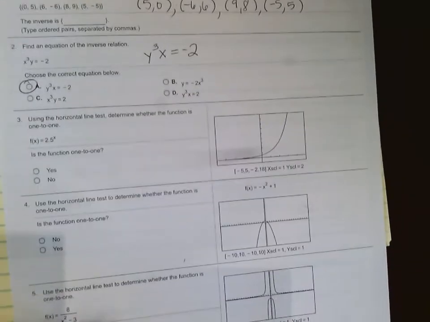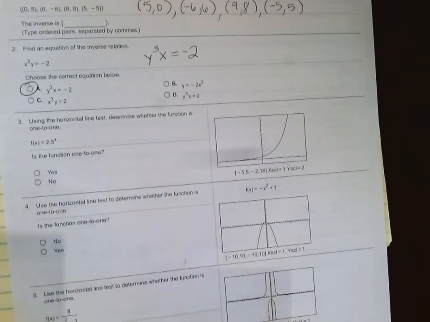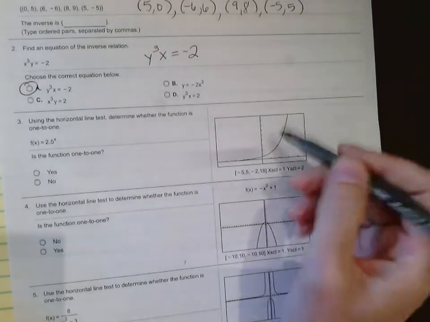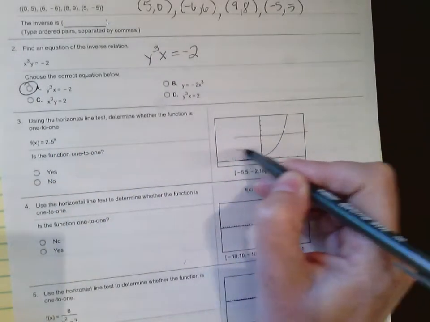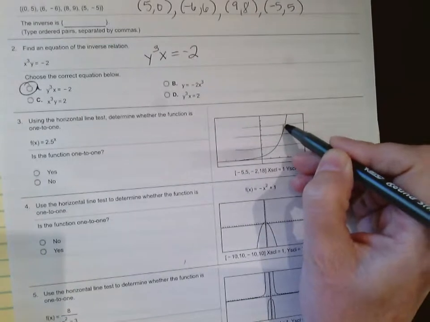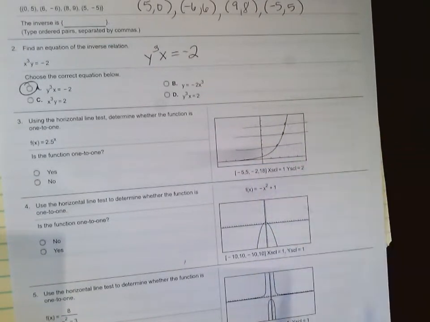Now, just like we had the vertical line test to tell whether or not a relation was a function or not, we've also got the horizontal line test, and it determines whether the function is a one-to-one relation, which means if you draw a horizontal line anywhere on the graph, each horizontal line is only touching the graph one time.